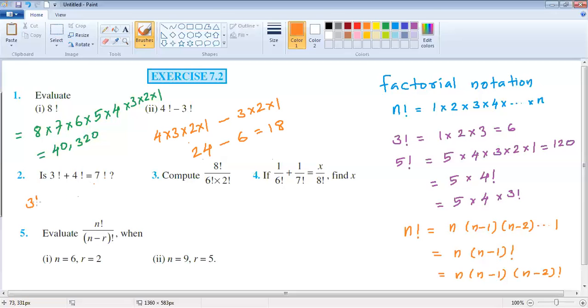Check करो. 3 factorial is 3 into 2 into 1, which is 6. 4 factorial is 4 into 3 into 2 into 1, which is 24. अभी आप 3 factorial plus 4 factorial देखो. ओके, उसके पहले 7 factorial भी निकाल के देखो. 7 factorial is 7 into 6 into 5 into 4 into 3 into 2 into 1. Just multiply and check.